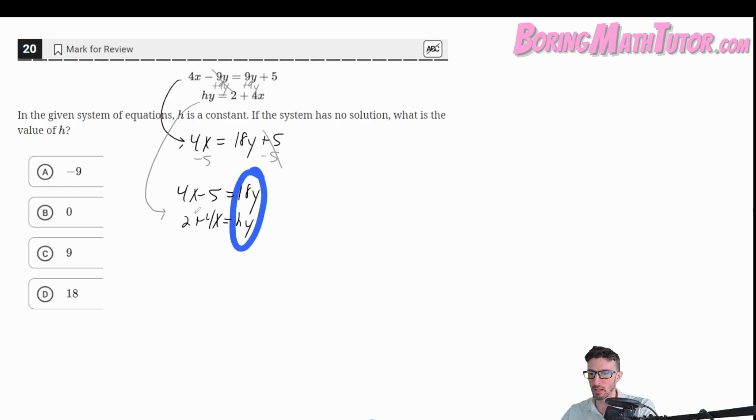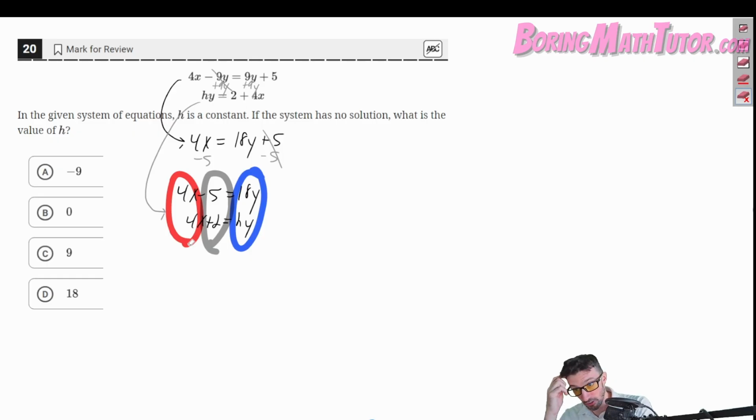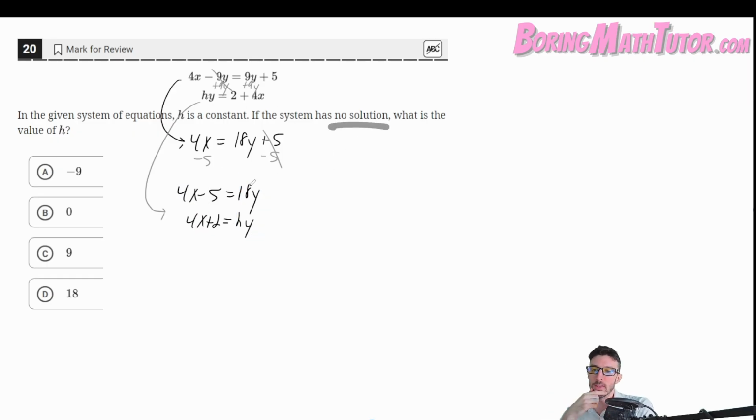So I got a y column over here, and I kind of have an x column right there. I guess I could move that around a little bit and make that 4x plus 2 instead, just so that way it's perfectly lined up. And then I also have a constant column. Now the key about no solution problems is that you want all of your variable columns to be the same.